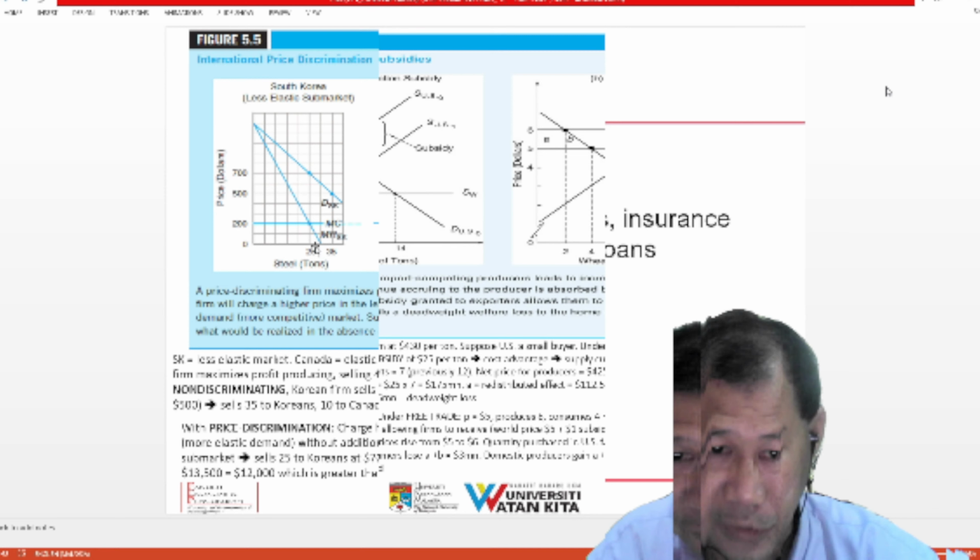With price discrimination, the firm sells 25 to Koreans at 700, previously 35 in the non-discriminating case.